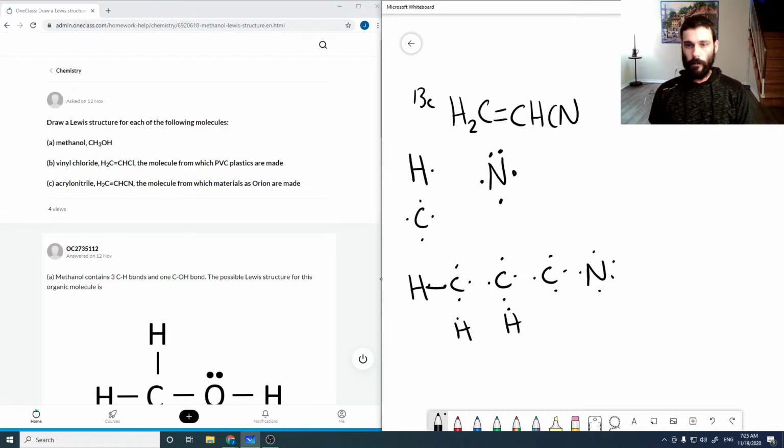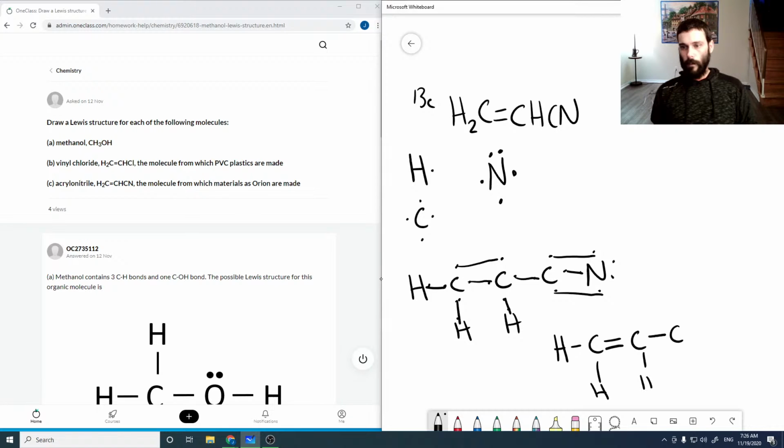Okay, and then so here we've got these bonding, these would have to bond, that bonds, and then we've got 3 on the end here, so they must all be bonding. And again, I'm just redrawing this so that it looks slightly more like what we'd expect. And not forgetting the lone pairs. And so then that would be acrylonitrile.